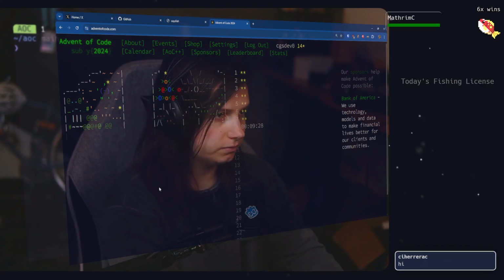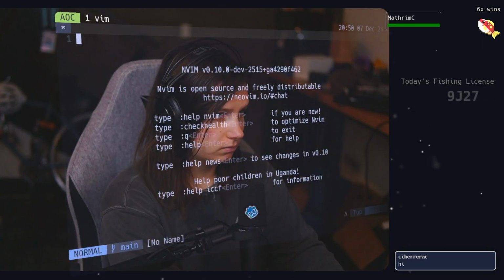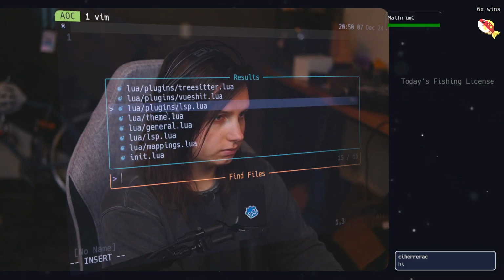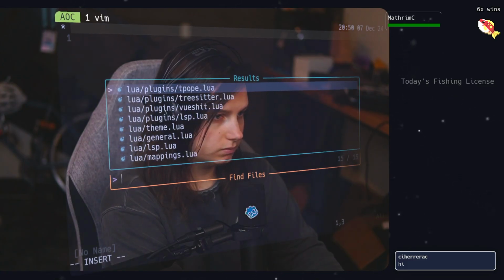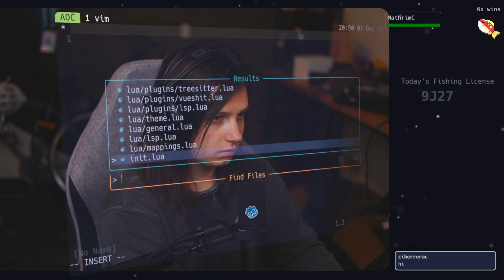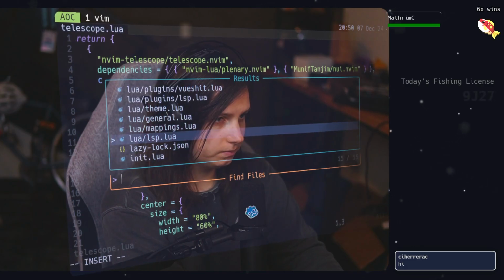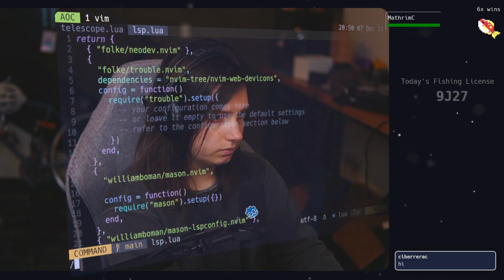So what am I using for snippets? Is it in the LSP one? Snippet?